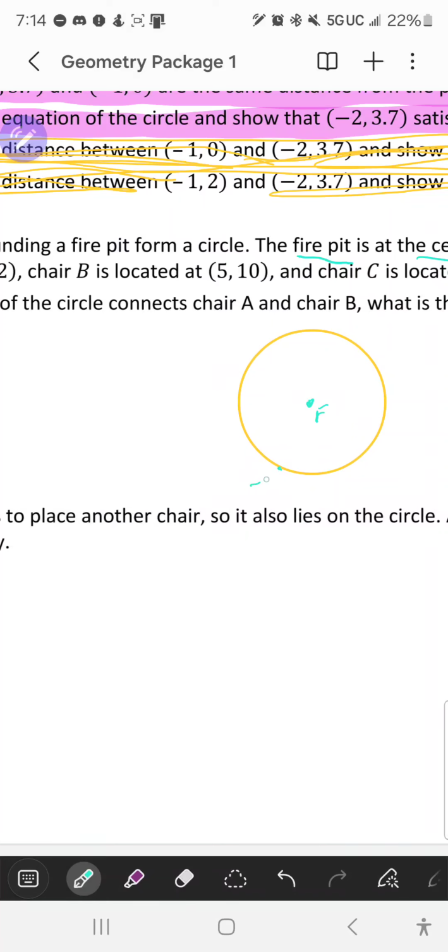So -1, 2 is A. And then over here, B is 5, 10. And this is going to be our diameter.